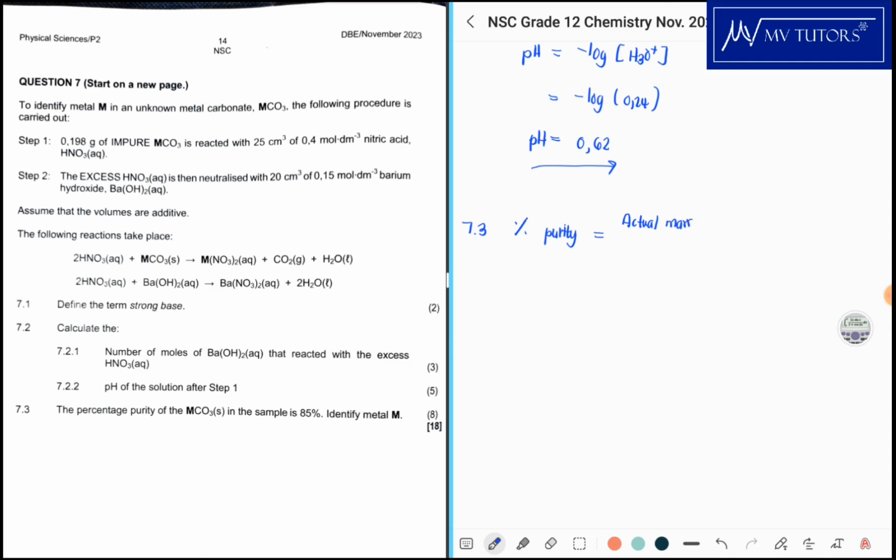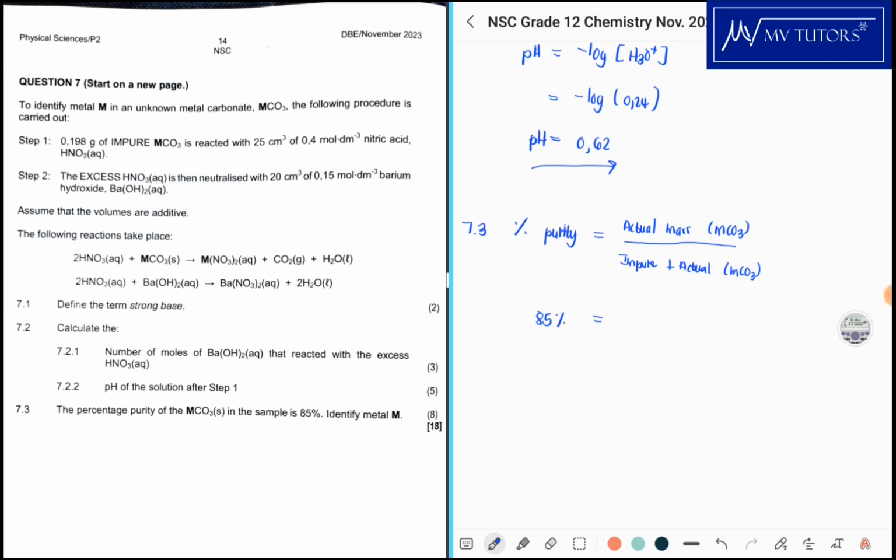So it is the actual mass of MCO3 divided by the impure mass of MCO3, and they've given us the percentage, so it's 85%.